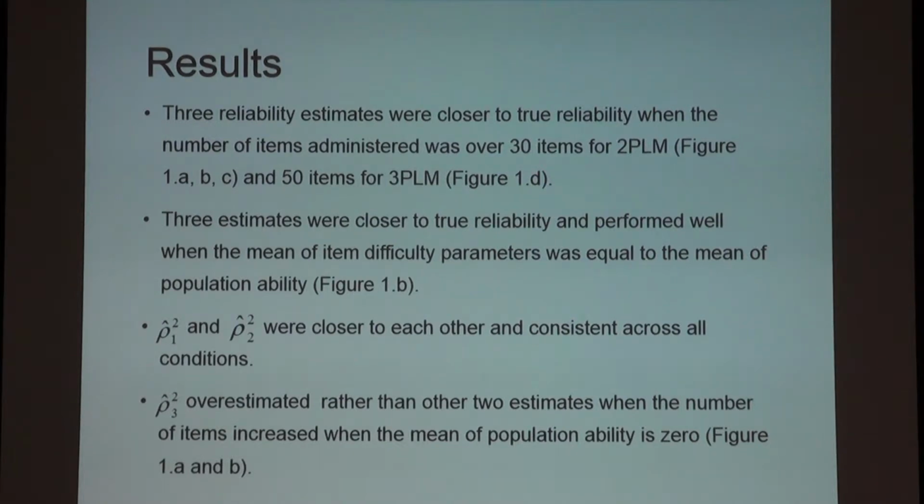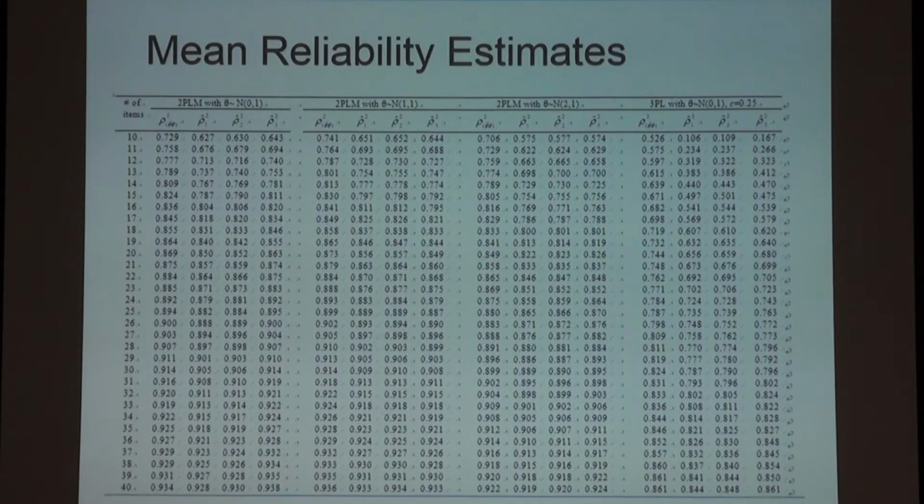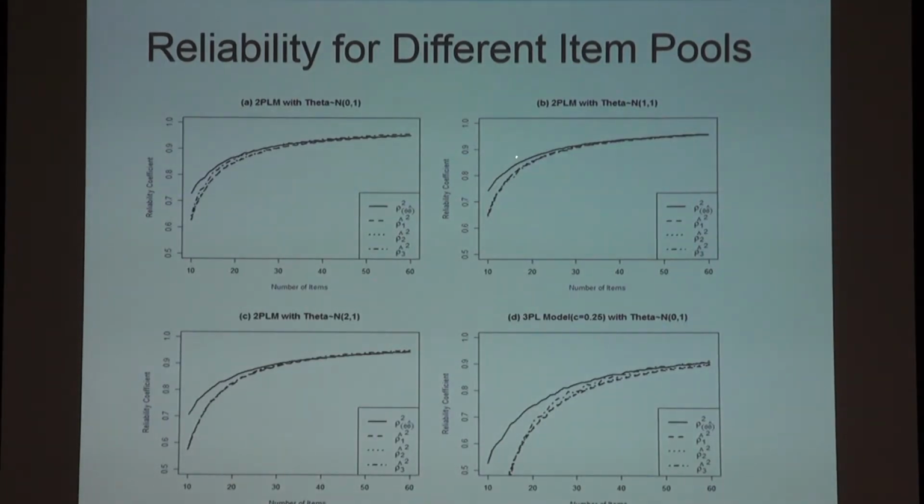Actually, there is no big difference between the two estimates. However, the reliability estimate using Jensen inequality overestimates rather than the two estimates. When the number of items increases, when the mean of population ability is 0, it usually is a little bit like that. As Jensen inequality overestimates the other two estimation methods.